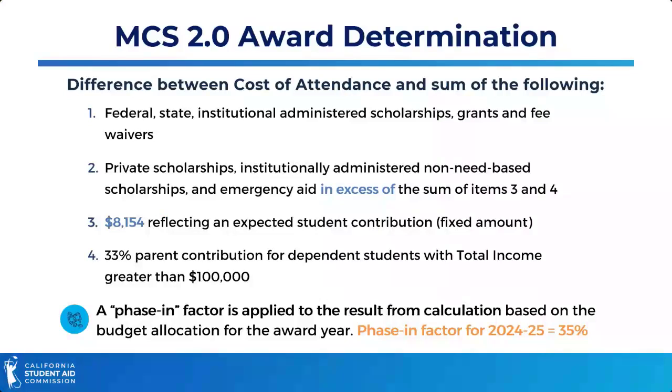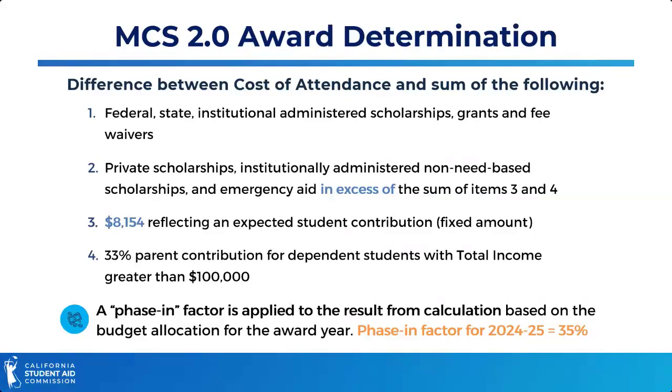The award determination is the difference between cost of attendance and the sum of the following criteria: any federal, state, institutionally administered scholarships, grants, and fee waivers, any private scholarships, institutionally administered non-need-based scholarships, and emergency aid, but this must be in excess of the coming 2 items: the expected student contribution, which is a fixed number of $8,154, and 33% parent contribution for dependent students whose total income is greater than $100,000.